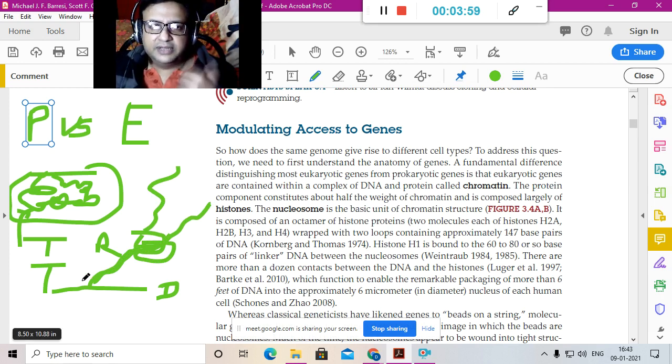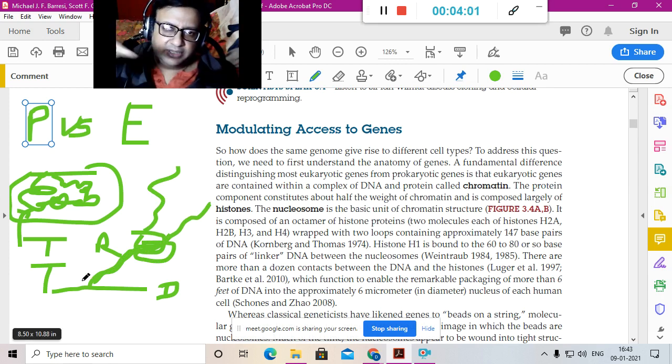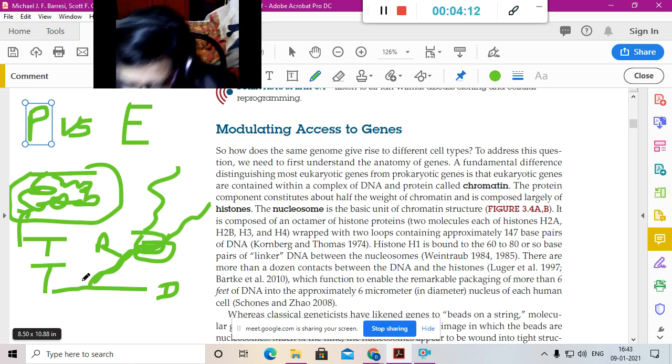So transcription is occurring, and during the transcription the RNA tail comes out, the ribosomes bind and start to make proteins. So transcription and translation are tightly coupled in prokaryotes.